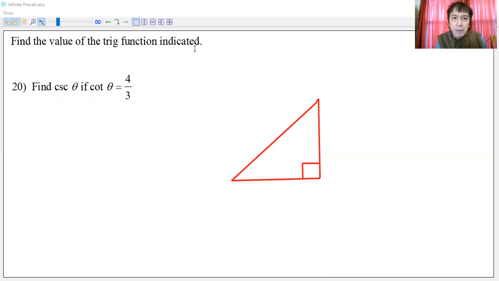Again, we let angle theta be equal to our angle A. So we will put our A here and put our angle C, our 90. Let this be our angle theta. If we draw theta, it will look like this, the Greek letter.